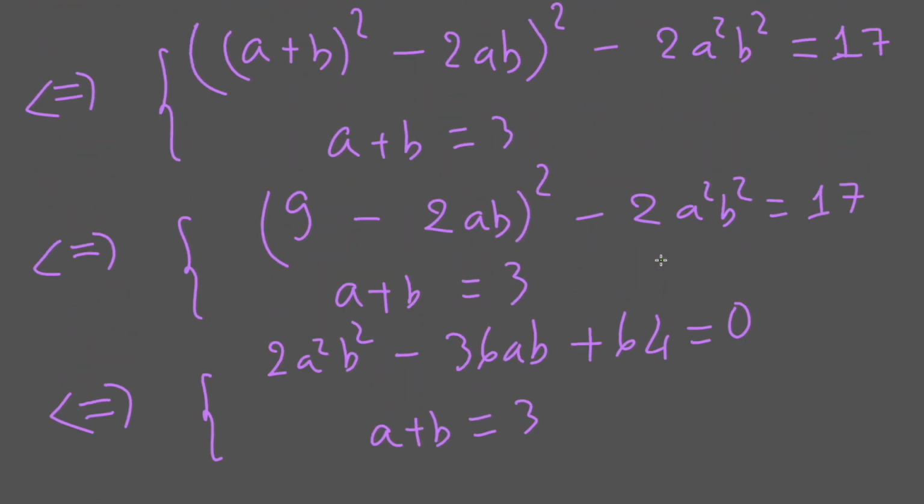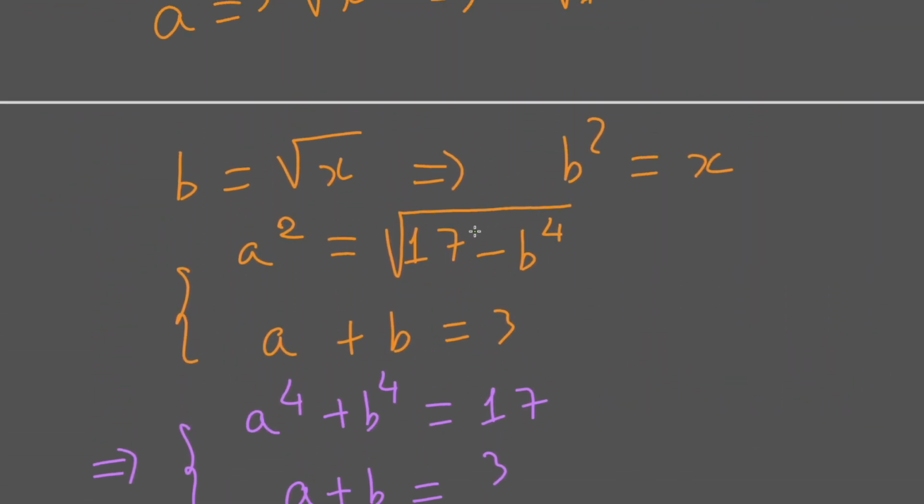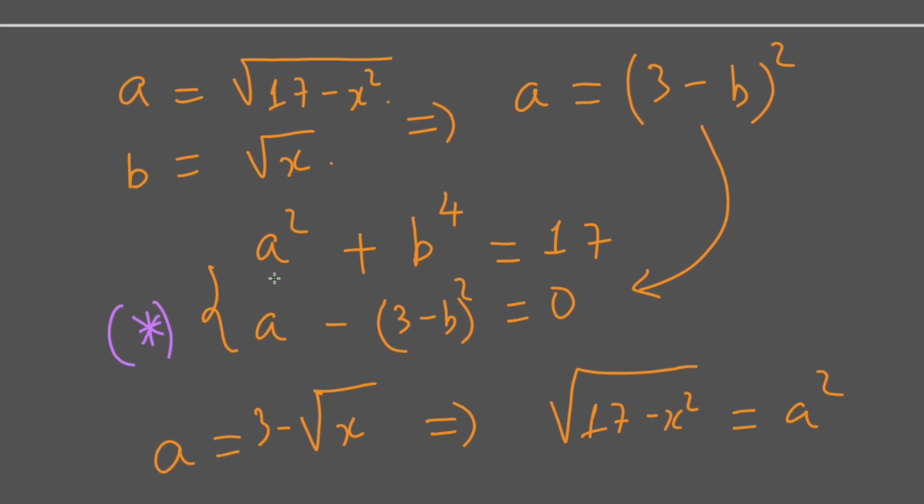So go back to the first system of equations. We ignored it, but you see that we still can solve this system by replacing a from the second equation into the first equation by 3 minus p power of 4. And we have 3 minus p power of 4 plus p power of 4 equal to 17.